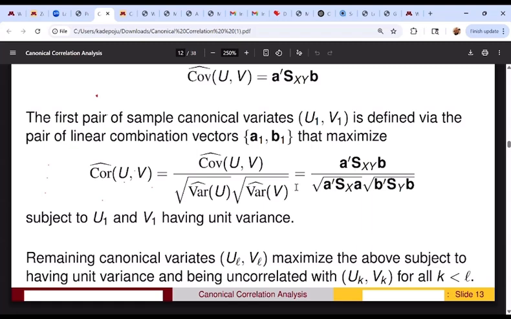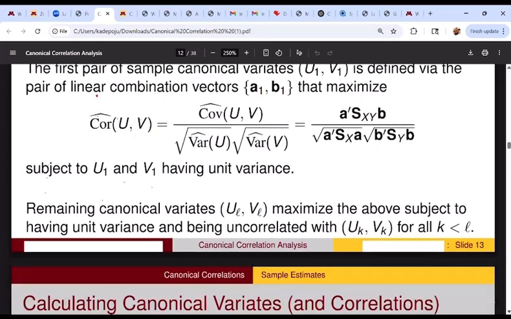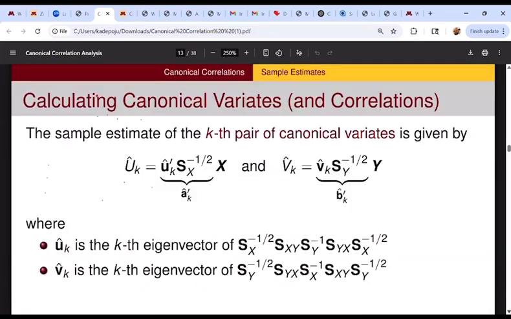Don't forget, the variance of U1, V1, U2, V2 all have unit variance, just like I said before. Now, how do you calculate the canonical variate when you have sample data? I showed you the population one the other time.